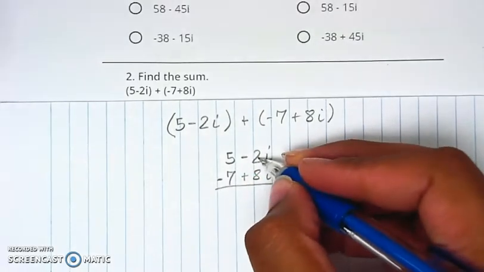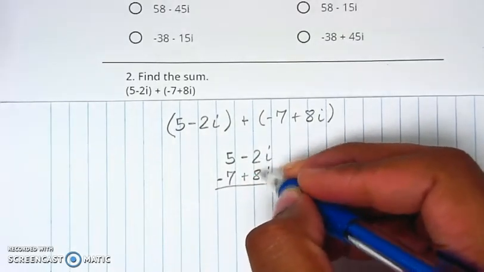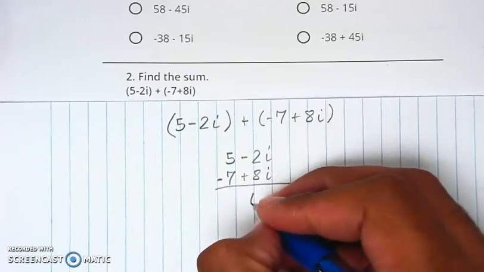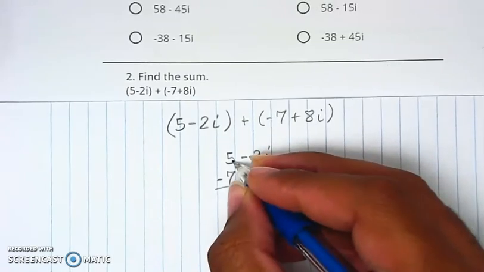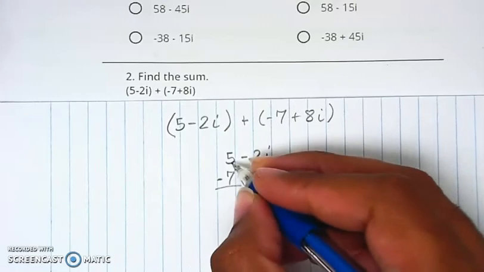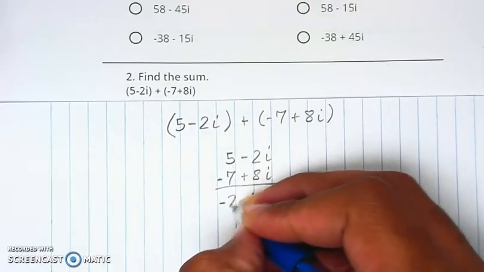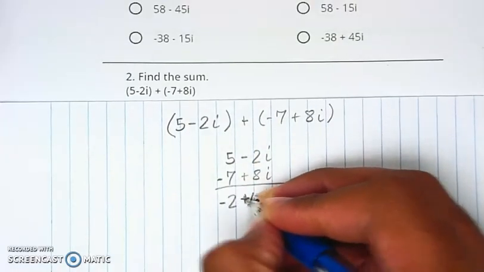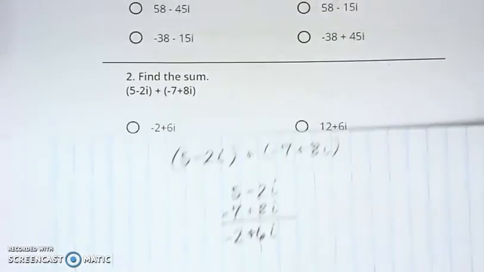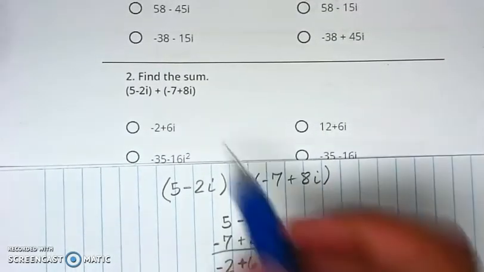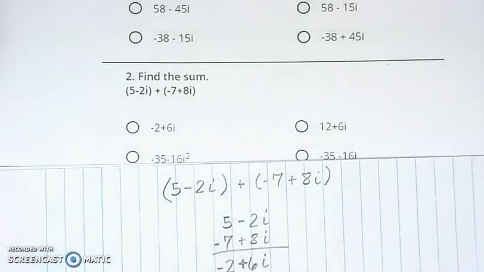If we combine like terms, negative 2 and positive 8 is positive 6, and then 5 and negative 7 gives you a negative 2. So we get negative 2 plus 6i, which is our first one right there. All right, cool.